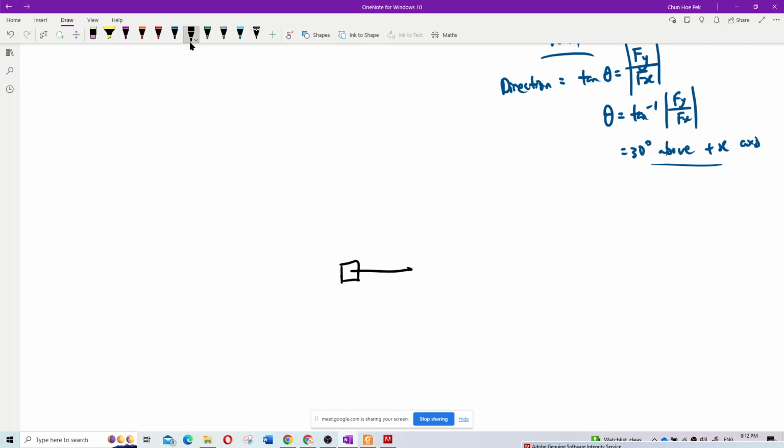I push with force F1 equal to 10 Newton, in the direction to the right, and then I have another force over here, F2 equal to maybe 5 Newton. I have another force pushing to the left, F3 equal to maybe 30 Newton, and then another force pushing downward, which is maybe 8 Newton.